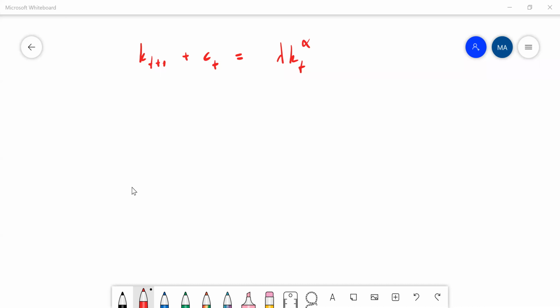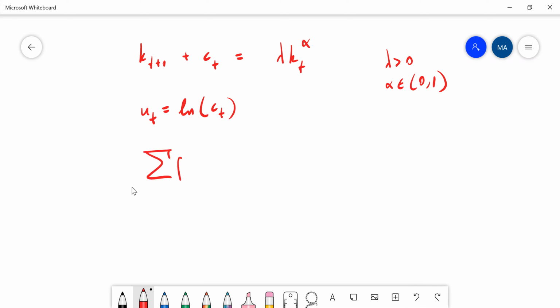Right. So this is the simple problem that we studied before. So alpha is between 0 and 1, lambda is greater than 0. Then we have this utility function, which is logarithmic, right? And the purpose is to maximize this, right?